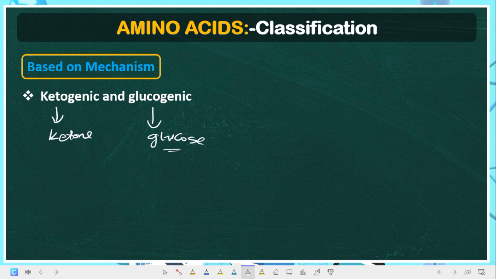That may be in terms of when you are very, very hungry and you're not taking a lot of carbohydrate, these amino acids are converted to glucose in the body to supply energy. All those ones follow the glucogenic pathway. So it can either be ketogenic or glucogenic, or a combination of both. Are you getting it now?